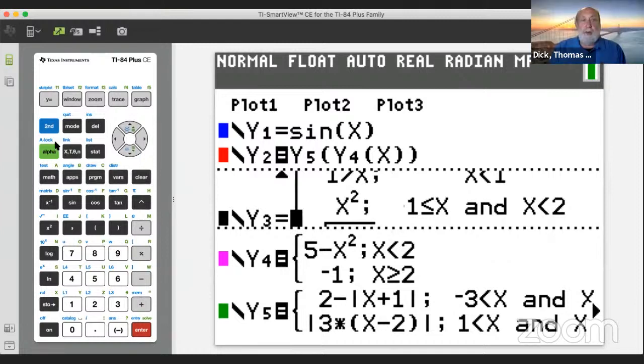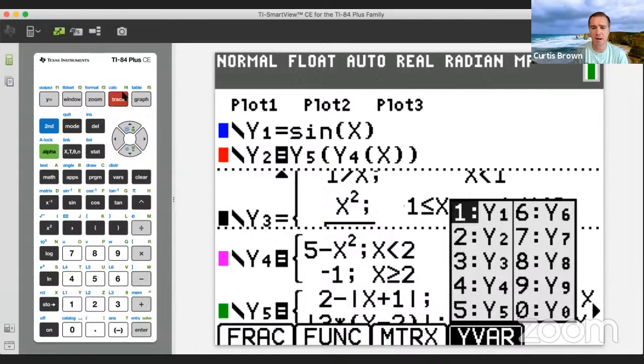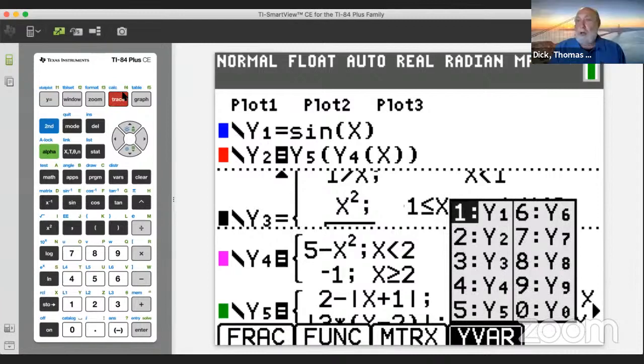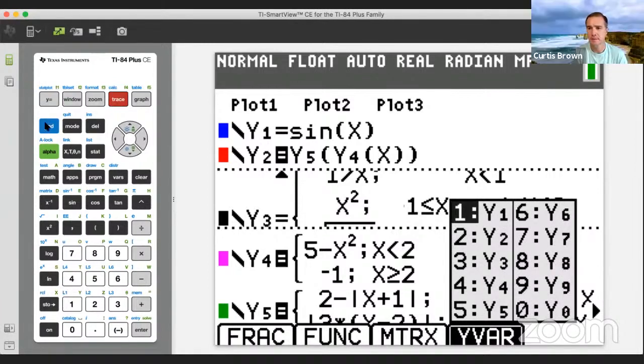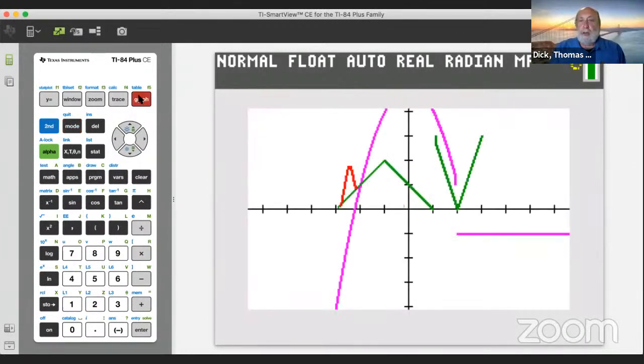So you're saying do an alpha trace, and that should pop up all of your Y variables. Yes. Very nice. Very cool. Okay. All right, I'm going to go ahead and graph. And we're seeing now a graph of the composition of these two functions.